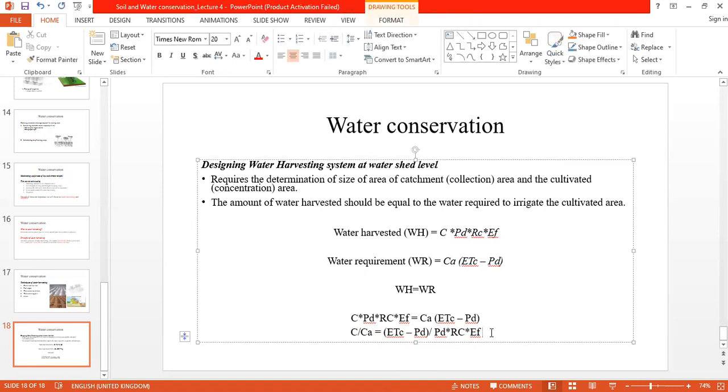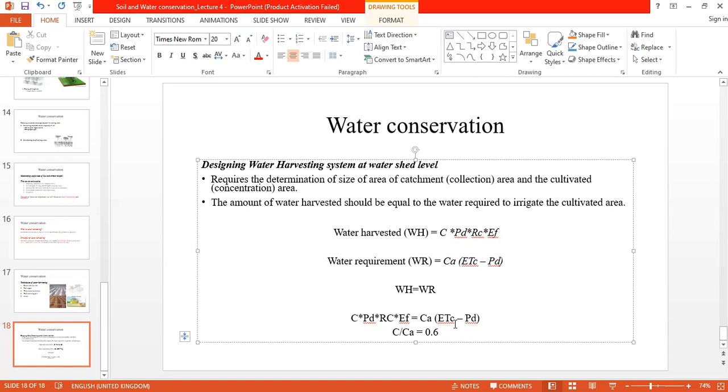Okay, so in this case, if we have all those parameters, we've placed the values, then we find that this ratio is 0.5. Or let's take 0.6 now.